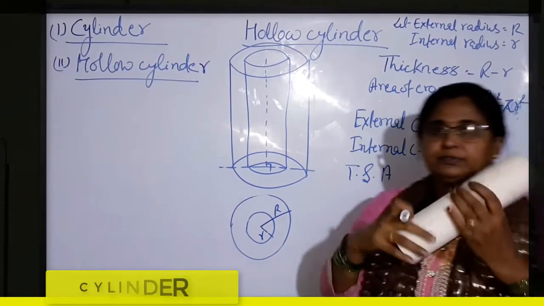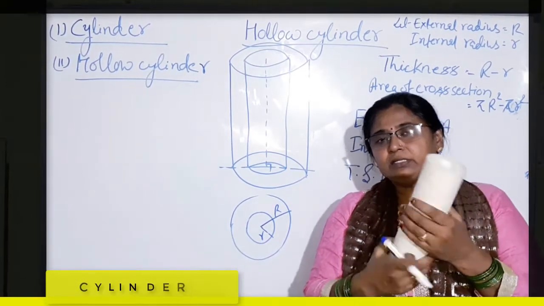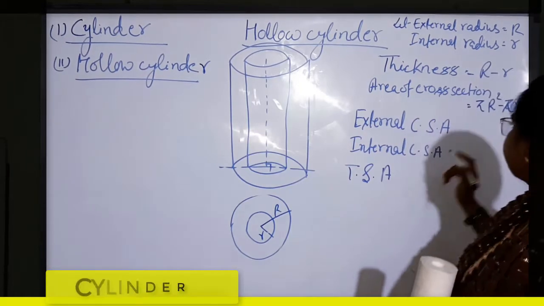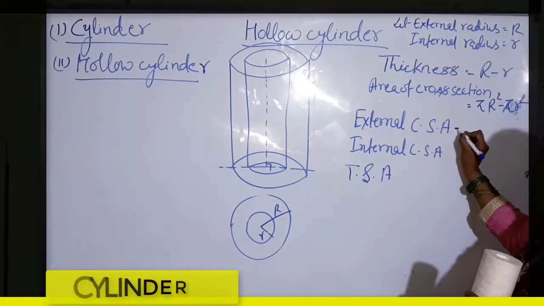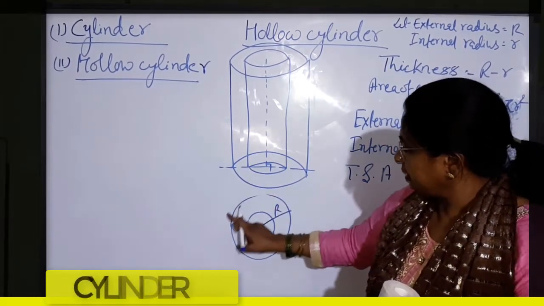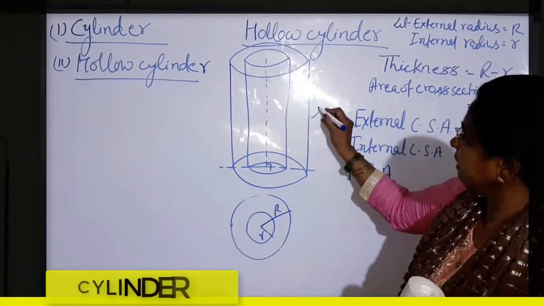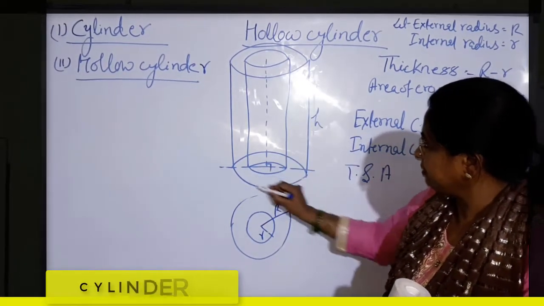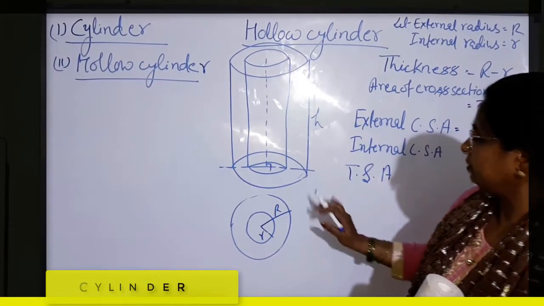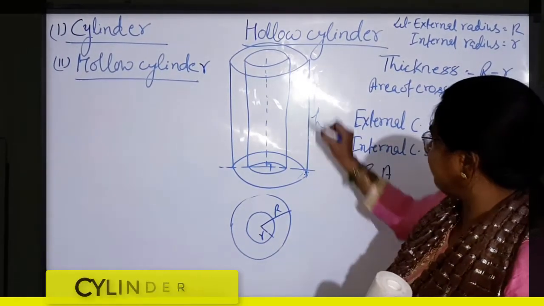Now external curved surface area, the lateral surface area of this portion. External curved surface area means the circumference, the boundary of this circle of the base, multiplied by h.